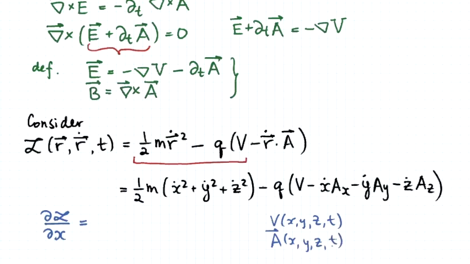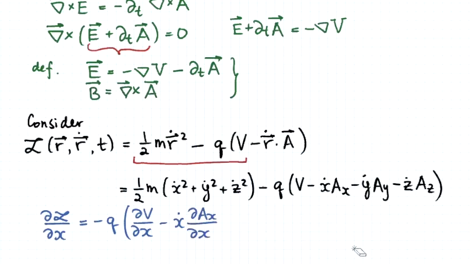So therefore, we write partial derivative as q times partial derivative of potential with respect to x minus velocity x dot times partial derivative of A sub x with respect to x minus y dot partial derivative of A sub y with respect to x minus z dot and then partial derivative of A sub z with respect to x.